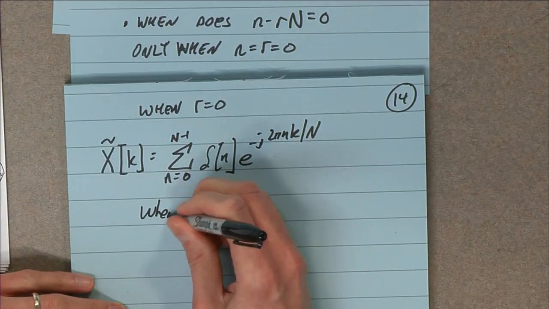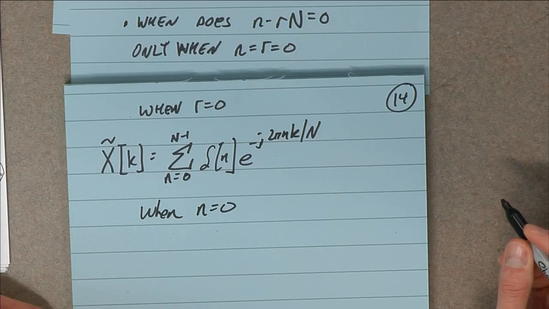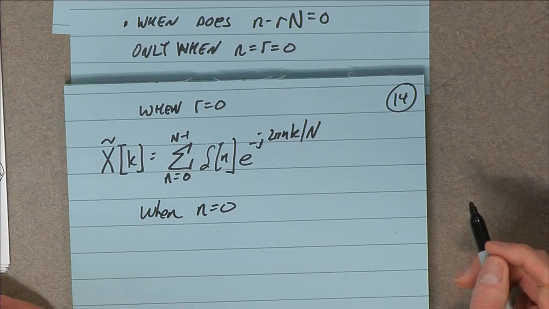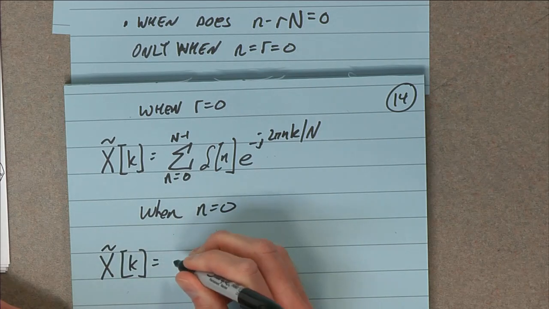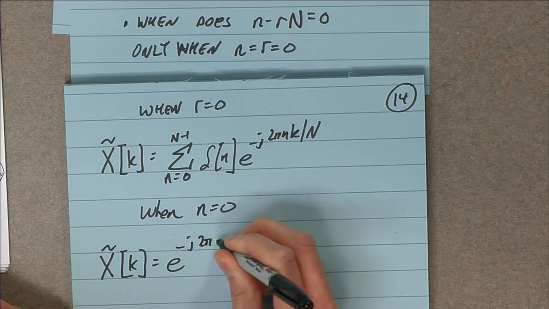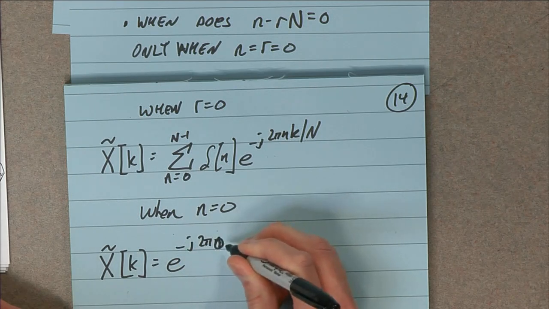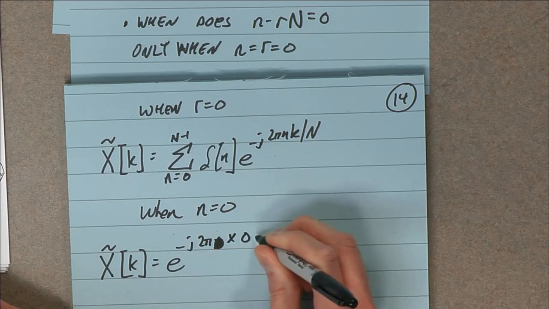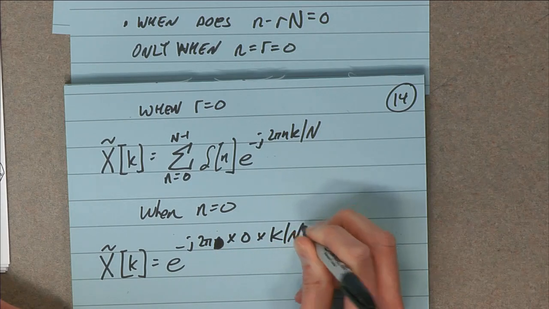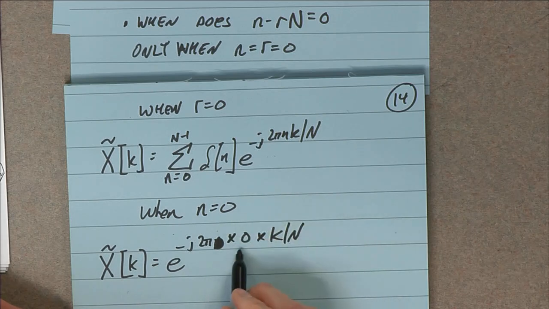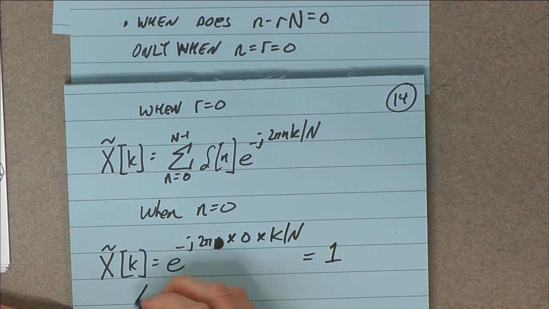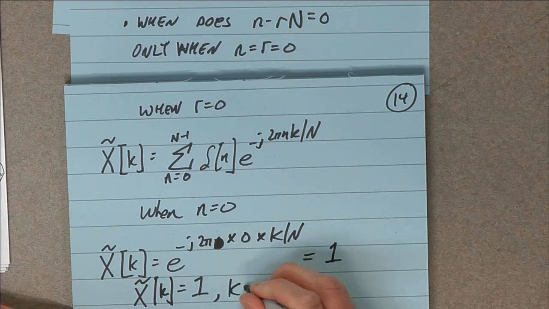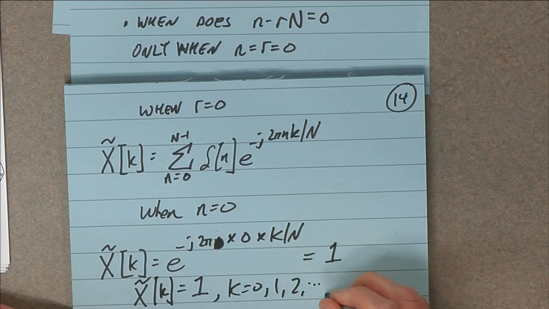Now when n equals 0, that's going to get rid of the other summation. And so now we're down to almost a trivial expression, where this is e to the minus j 2 pi n, but n equals 0. Make that a 0 times 0 times k over n. Put little multiplication signs in there so you can see that's 0. So all bets are off, or everything goes away. So x tilde of k equals 1 for k equals 0, 1, 2, dot, dot, dot, n minus 1.